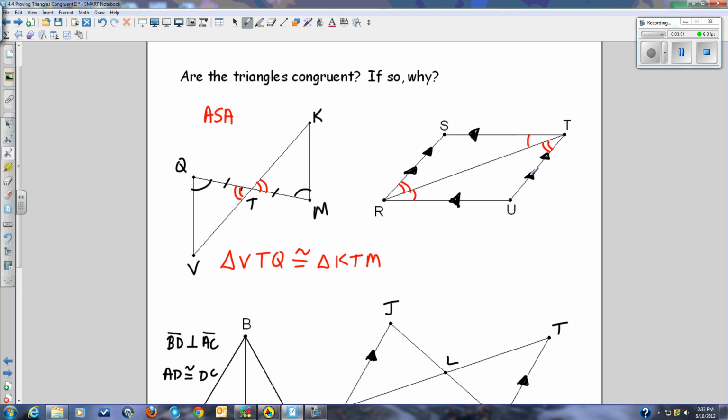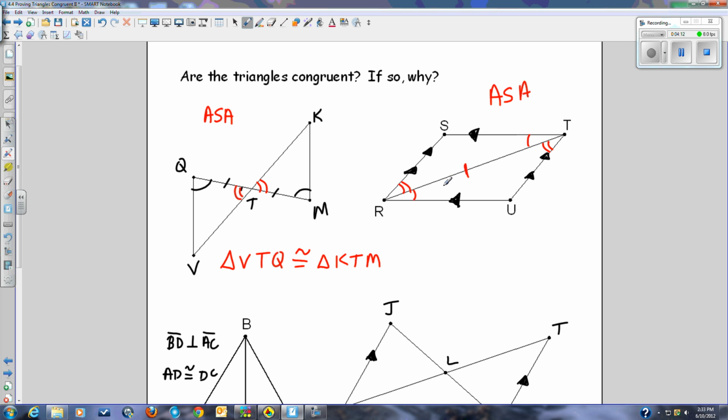Now the other thing that we know is that these triangles share a side. So that side is congruent to itself. So it looks like we have angle, side, angle. So that's the postulate that we can use.